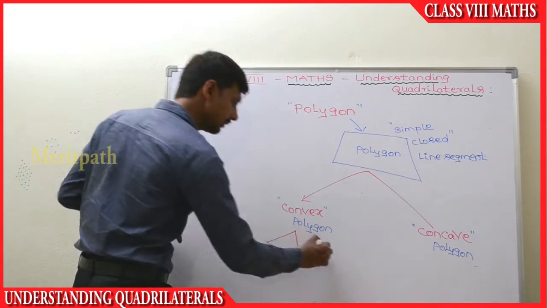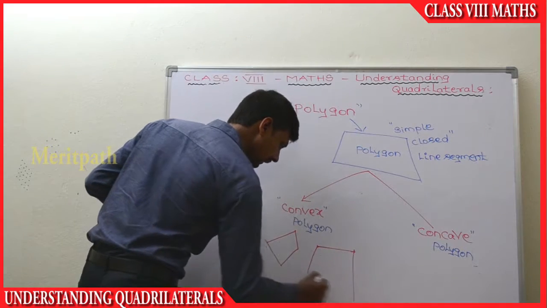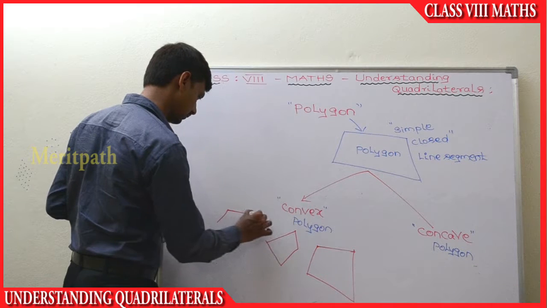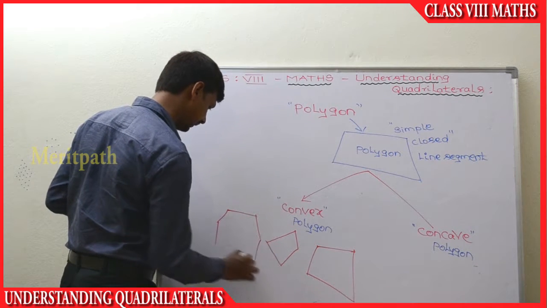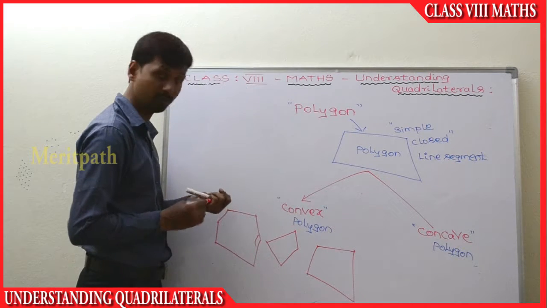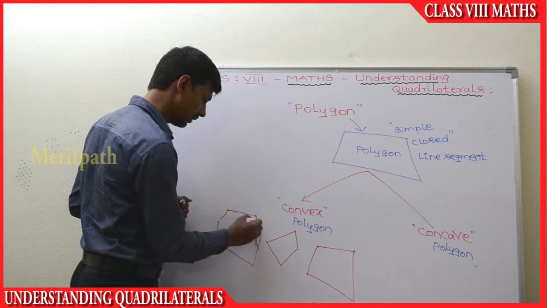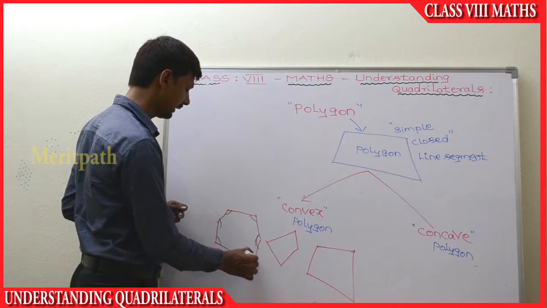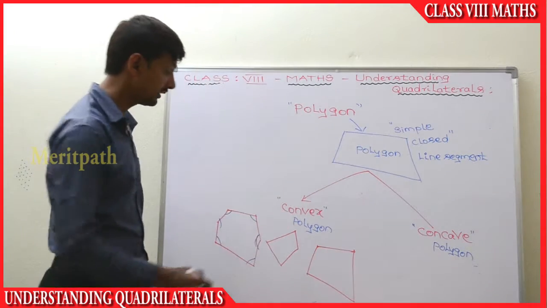In a convex polygon, each of the angles is less than 180 degrees. If you observe the angles of these polygons, this is maybe approximately 120. See this obtuse angle. These are all obtuse angles.